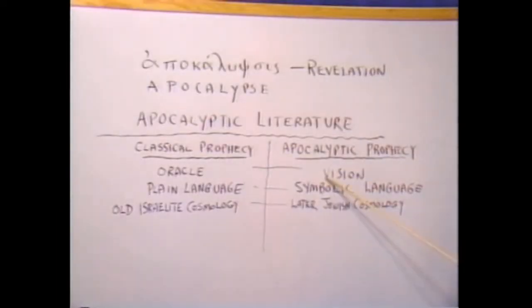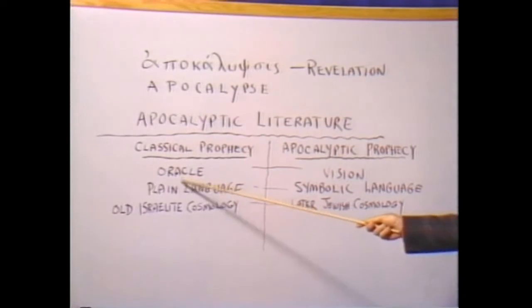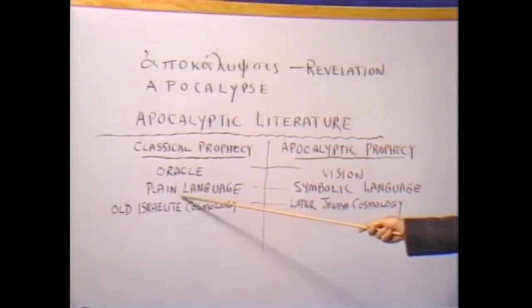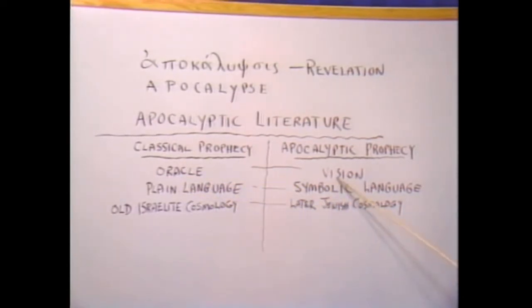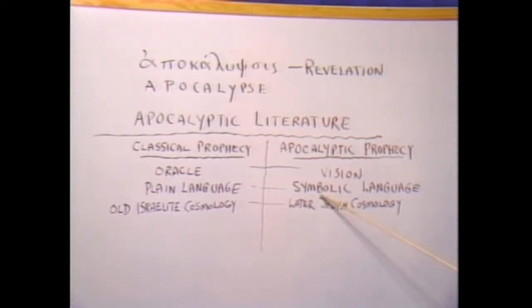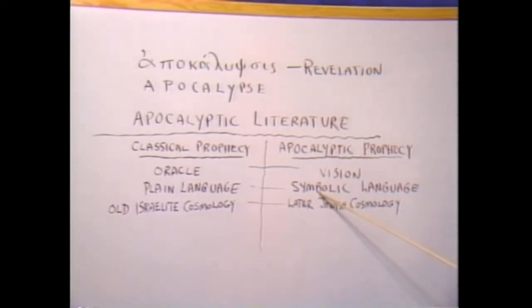And we saw last time that this kind of prophecy contrasts with classical prophecy, such as in Amos and Hosea and Isaiah and Jeremiah, by presenting revelation not in oracle form, which is a thus says the Lord form, but in vision form. But not only that, whereas the oracles in the classical prophets are in plain language, the visions in apocalyptic prophecy are in symbolic language. That's as far as we've gone.